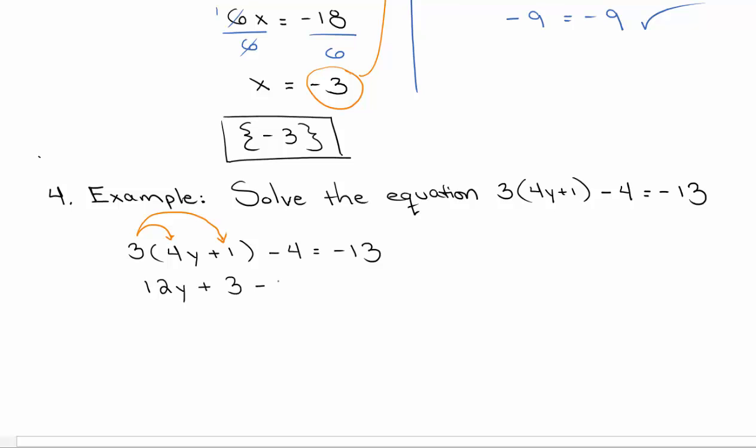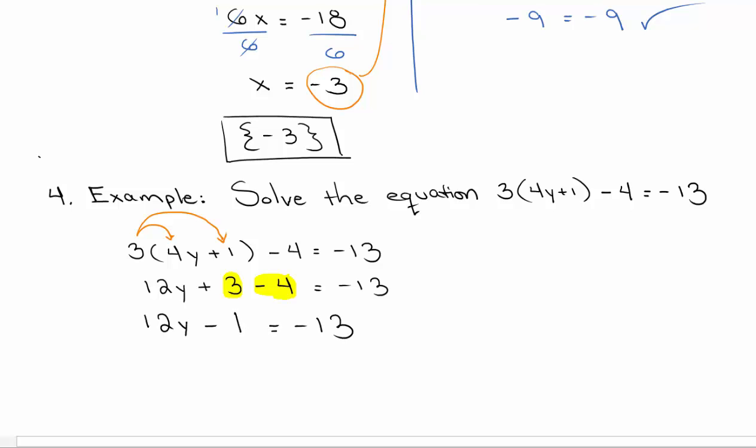I can now drop the parentheses. Now I can combine like terms. My like terms here are going to be the 3 minus 4, or 3 plus a negative 4. That's going to give me minus 1.